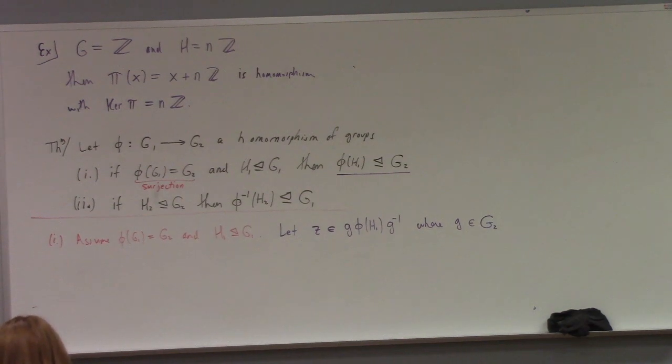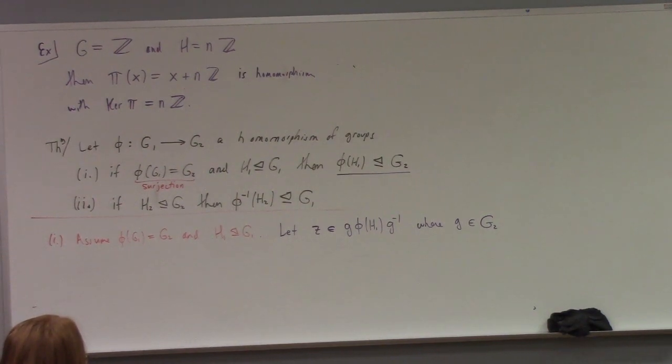What does it take to show that φ(H1) is a normal subgroup of G2? I need to show that it's fixed under conjugation by arbitrary g in the codomain. In other words, I need to show that z is again in the image of H1.